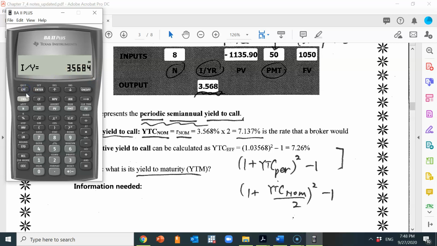Let me just quit, second quit. Then I need to input this number, 3.568 multiplied by 2. So I have 7.136 here. I think there's some rounding difference here.